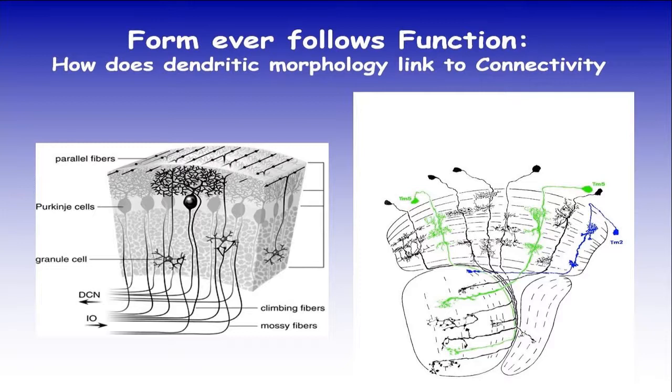The work done in Chklovskii's lab provided quite beautiful computational work to demonstrate that the reason why the Purkinje cells form such a beautiful fan-shaped structure, with a certain kind of complexity within the dendritic arbor, is to receive as many different inputs coming from the parallel fibers.